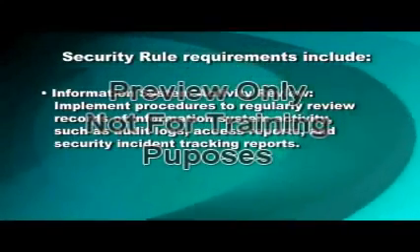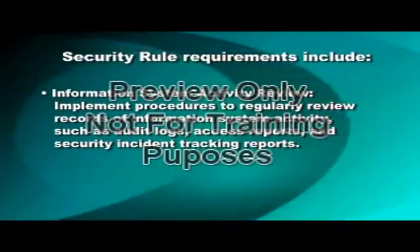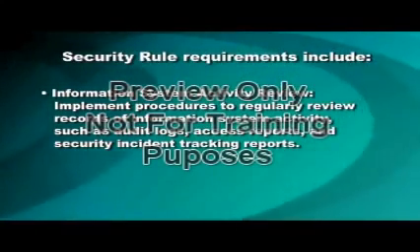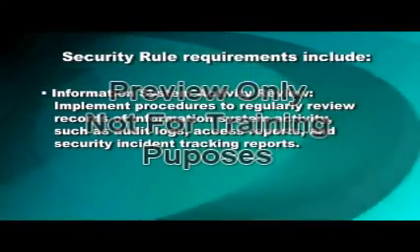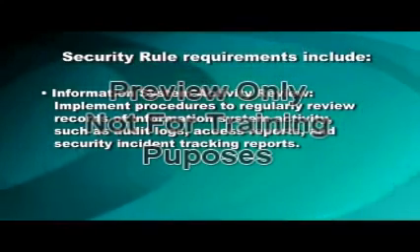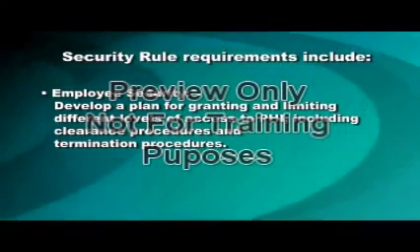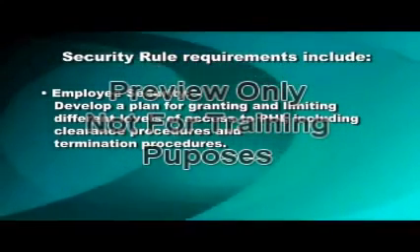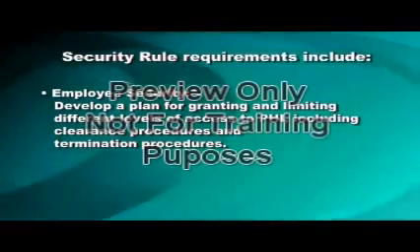Information System Activity Review: implement procedures to regularly review records of information system activity, such as audit logs, access reports, and security incident tracking reports. Employee security: develop a plan for granting and limiting different levels of access to PHI, including clearance procedures and termination procedures.